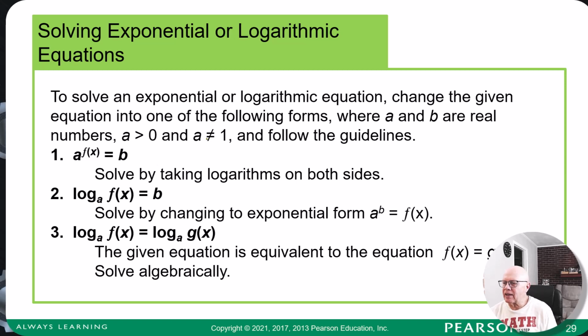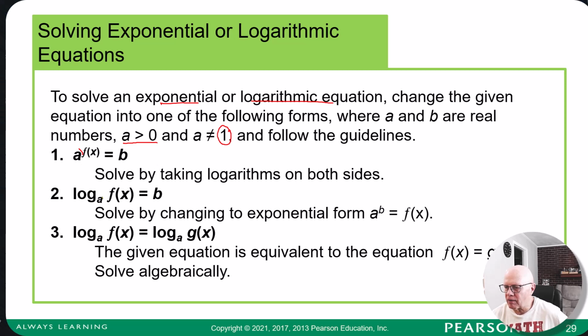So here are some things we've actually been doing. If you want to solve these exponential or logarithmic equations, remember, the arguments have to be positive, the base not 1. They have to be real numbers. If you've got a to the f of x equals b, then you can take the logarithms of both sides, using, of course, the base a, because that would definitely be the easiest way.